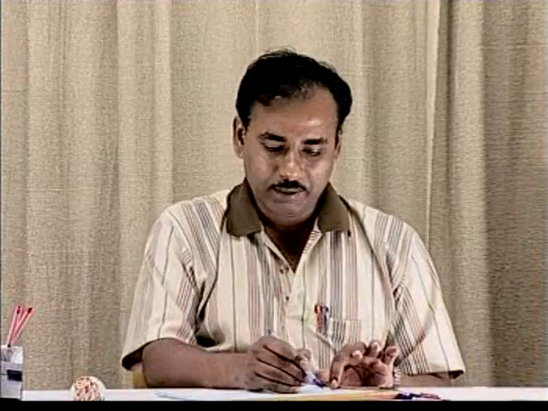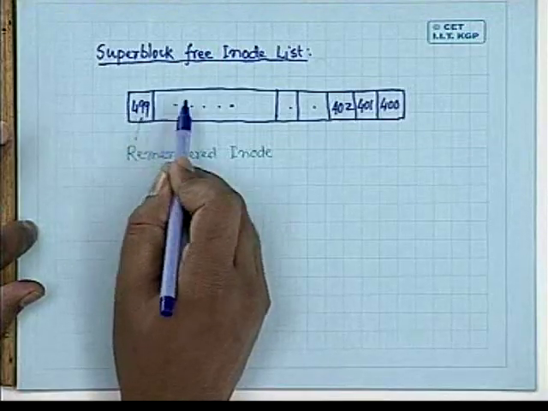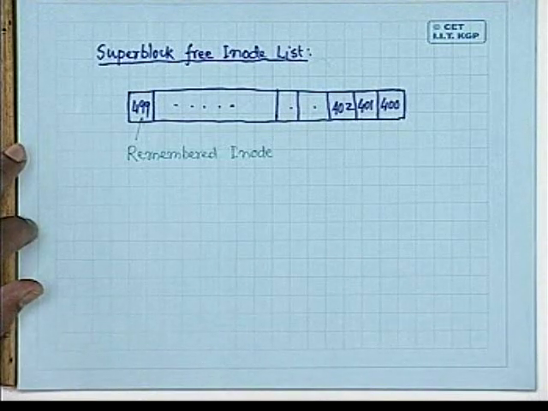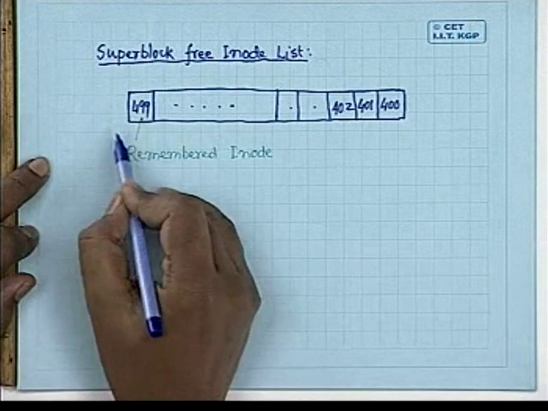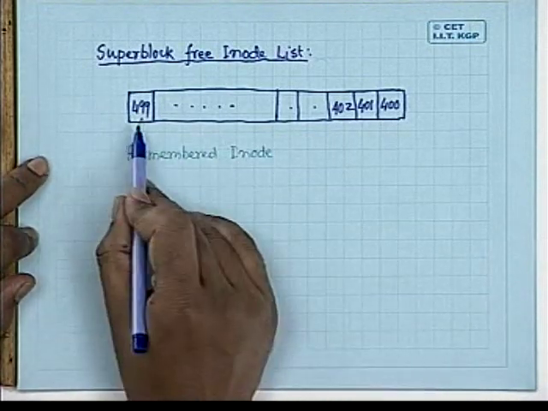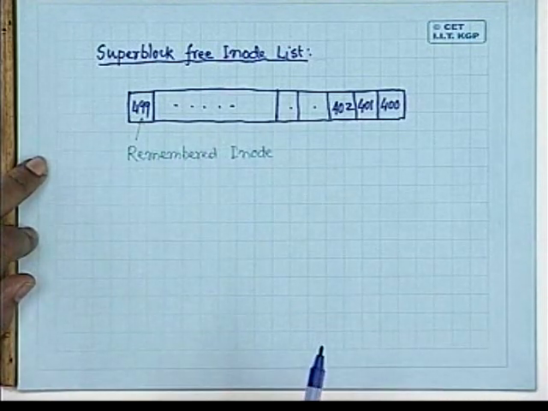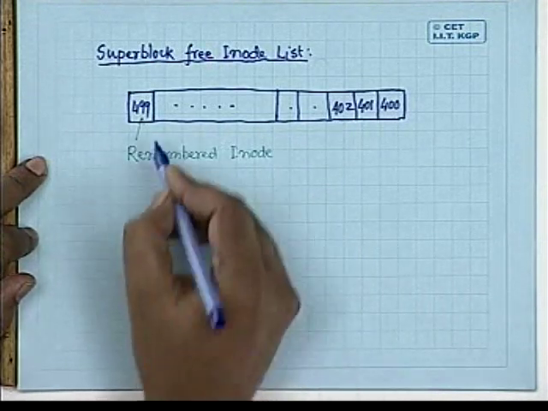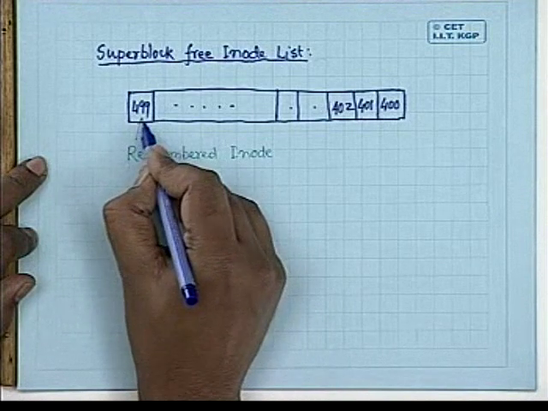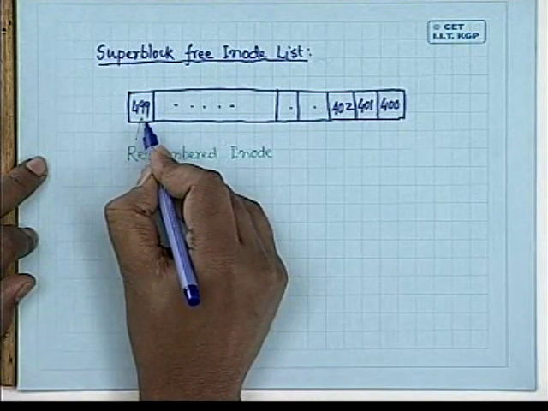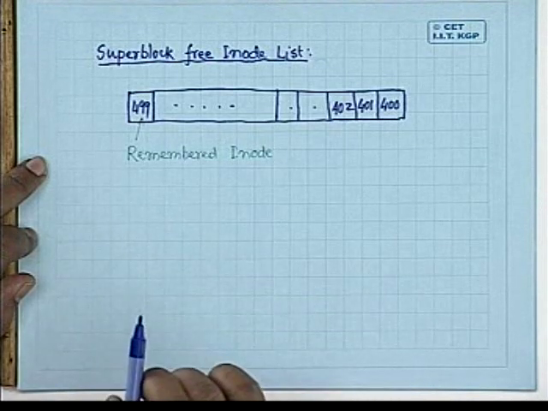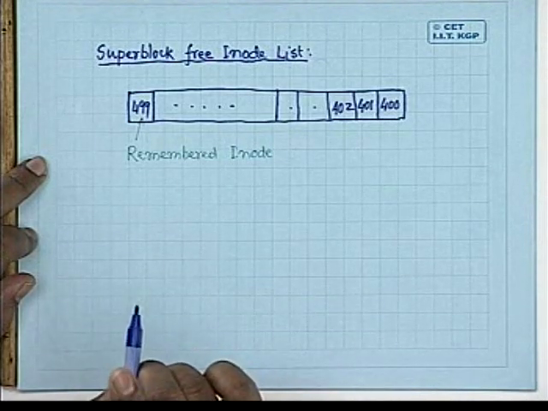So at a particular time, when this 499 is allocated, then the superblock free inode list becomes empty. Next time another process puts a request for an inode, first it will check the superblock free inode list. It will find that there is no inode in the list, so it has to get an inode from the disk. Now this 499, the highest numbered inode, gives an indication of where a new free inode will be available on the disk inodes.